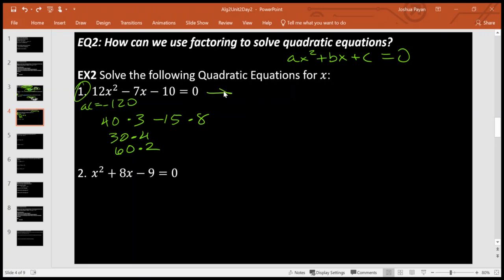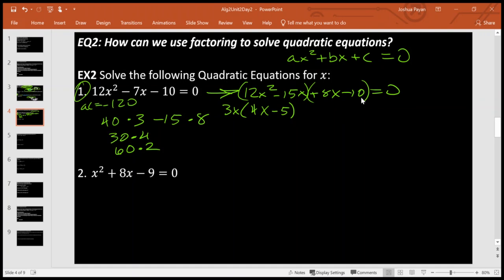So let's rewrite this guy, split bx, so 12x squared minus 15x now, plus 8x minus 10, all of that equal to 0. And then we'll group, and then we'll factor GCFs from both of these terms. So on the left, we see that we're going to have 3x as our GCF, leaving me with 4x minus 5.